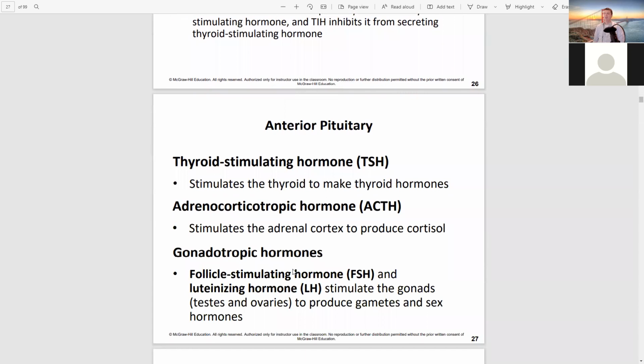So TSH stimulates the thyroid to make thyroid hormones. ACTH stimulates the adrenal cortex to produce cortisol, and gonadotropic hormones like follicle stimulating hormone and luteinizing hormone stimulate the gonads, testes and ovaries, to produce gametes and sex hormones.